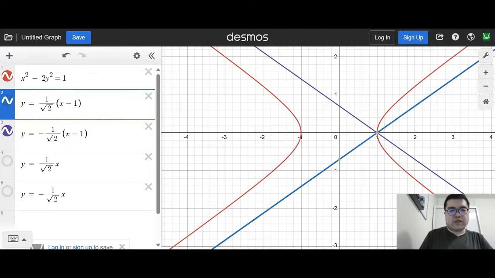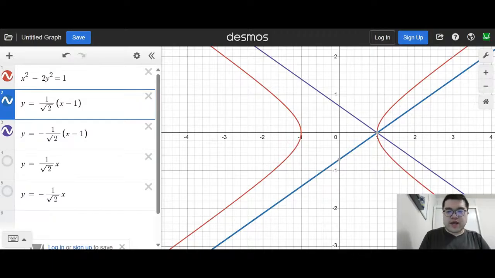We actually have something like this. Hopefully this is not going to affect our results. Okay, good. Oh, down here. So keep in mind, starting from here to here, these are the two separate results, because now we're trying to find the y value. So in this case, we're going to substitute back into our equation here, x squared minus 2y squared equals 1.